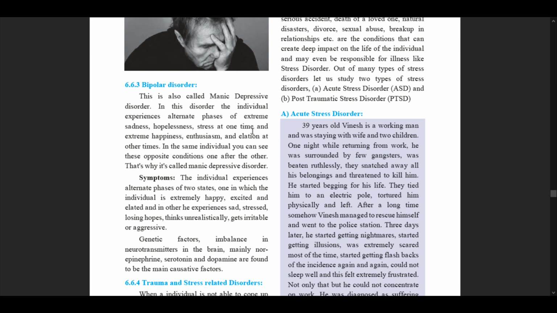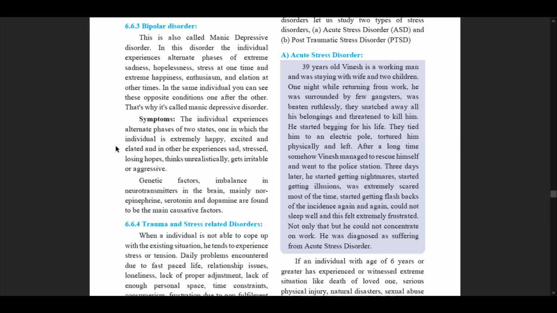Genetic factors and imbalance in neurotransmitters in the brain, mainly norepinephrine, serotonin, and dopamine, are found to be the main causative factors. So the symptoms here have to be rectified as well. So this was our bipolar disorder. This is actually an easy disorder to understand.